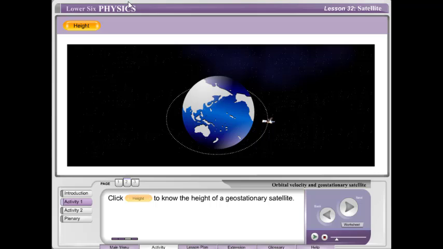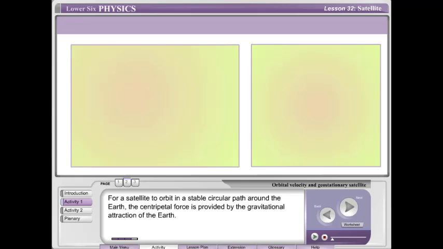Click Height to know the height of a geostationary satellite. Height of the satellite from the surface of the Earth is 3.6 times 10 to the power 7 meters. For a satellite to orbit in a stable circular path around the Earth, the centripetal force is provided by the gravitational attraction of the Earth. Centripetal force F equals m r omega squared.